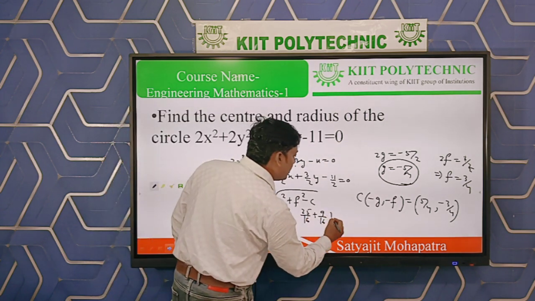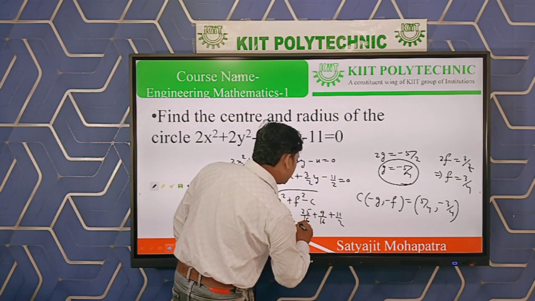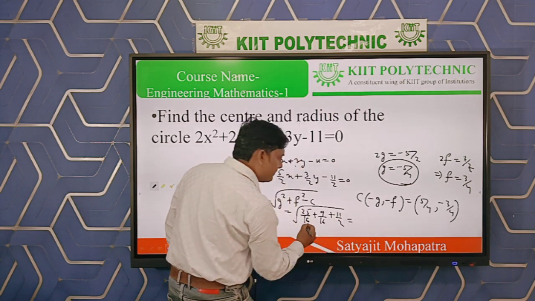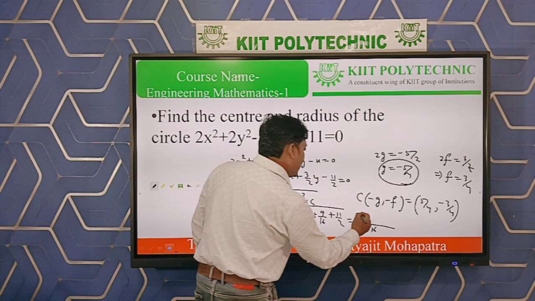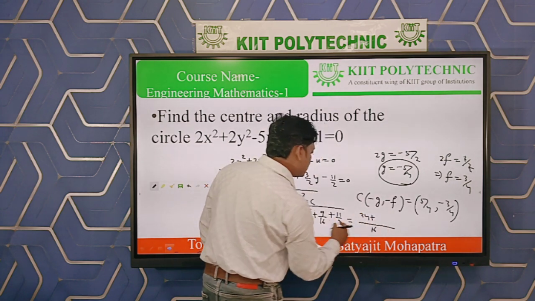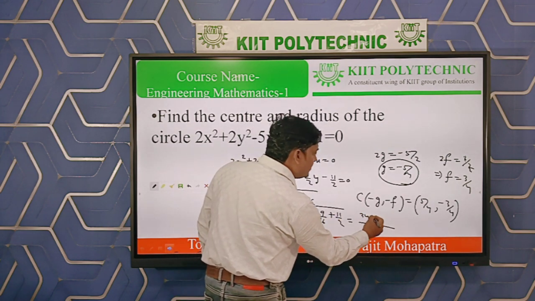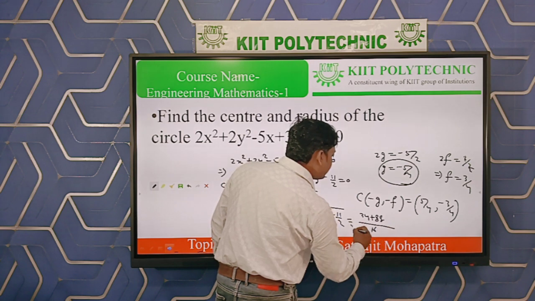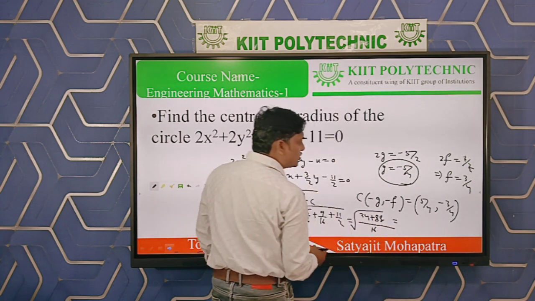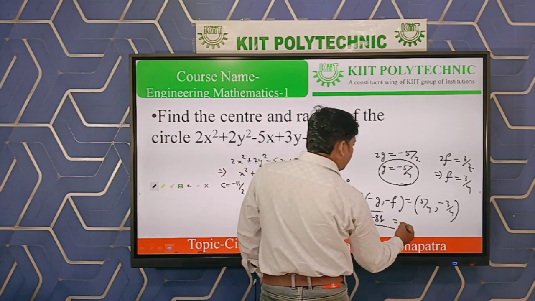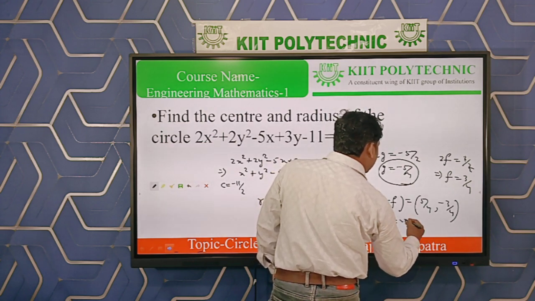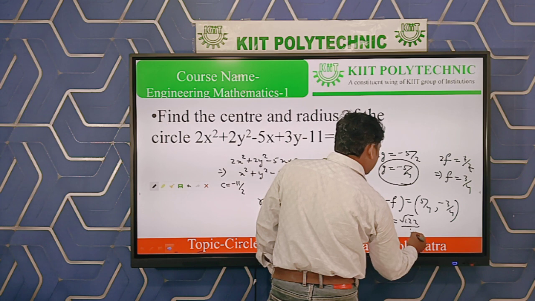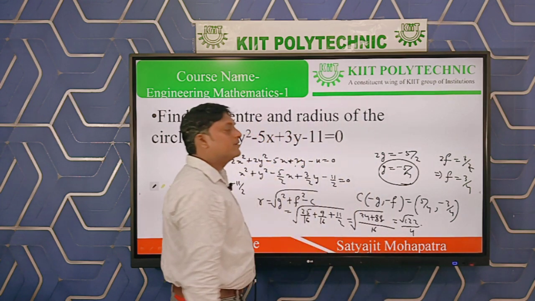So this will become plus 11 by 2. Its root over. LCM is 16. 25 plus 9 is 34, plus 88 gives 122. Its root over, and 16's root is 4. This one is the radius.